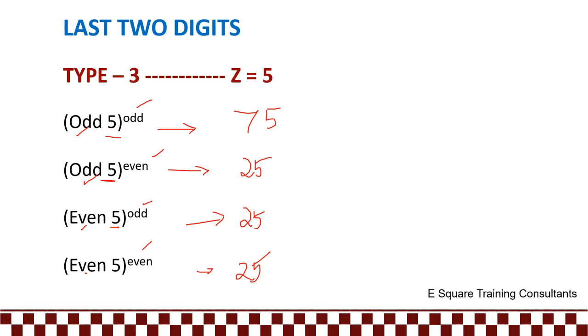You can also take even numbers as 2 and odd numbers as 3, and just cross verify. You will get the same result. So this is one of the easiest quick tips.